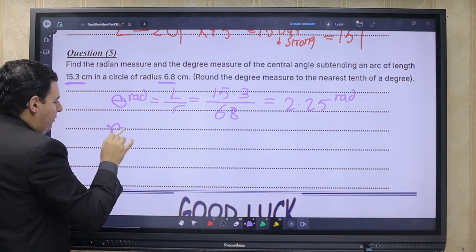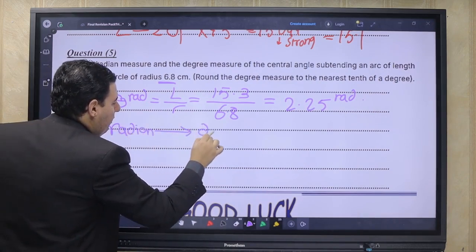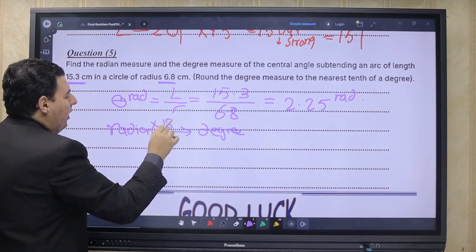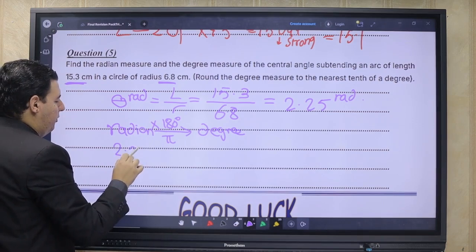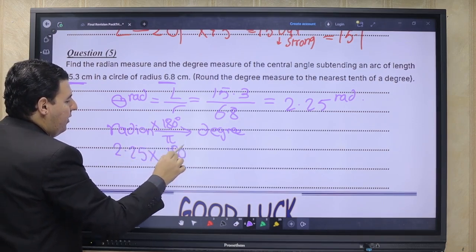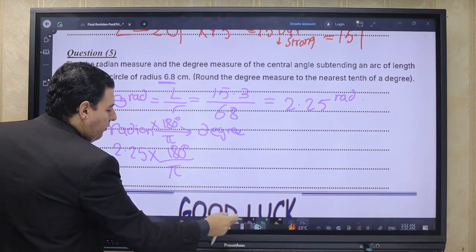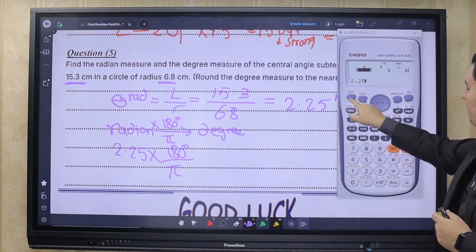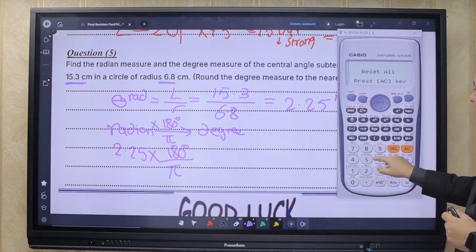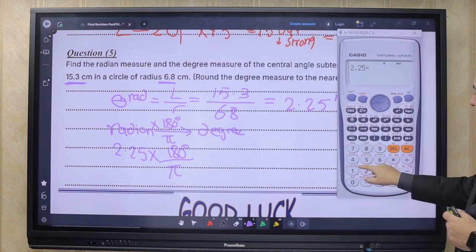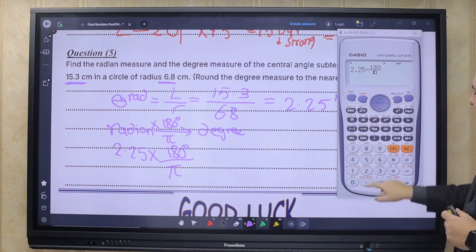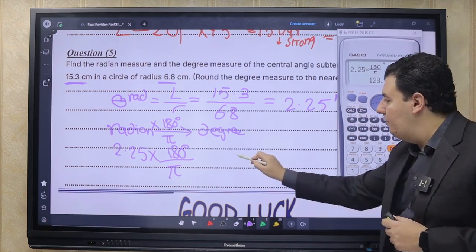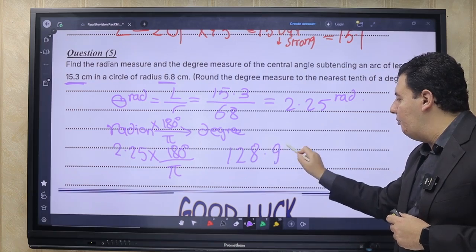From radian to degree, we will multiply by 180 over pi. So 2.25 times 180 over pi equals 128.91.